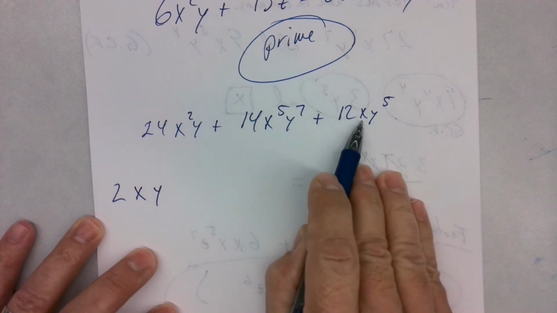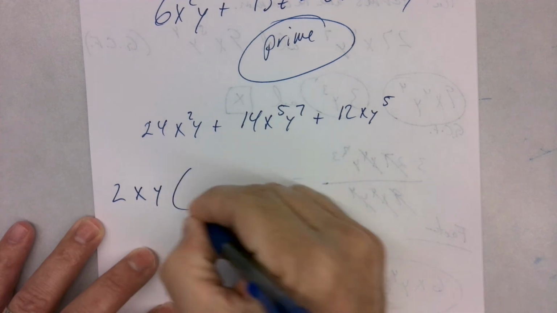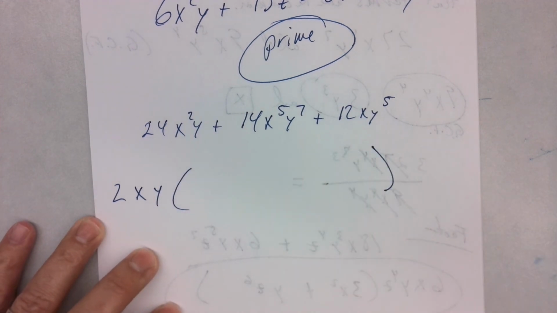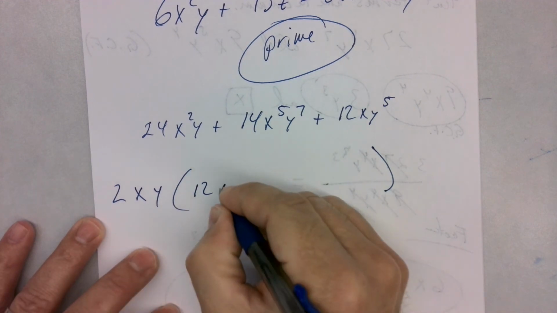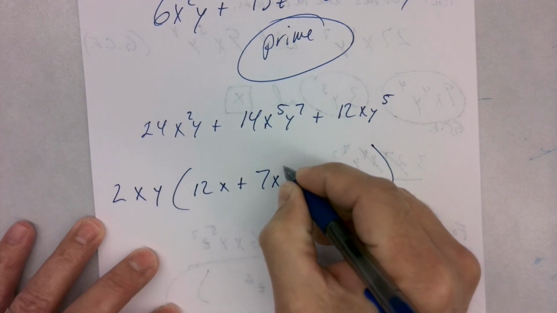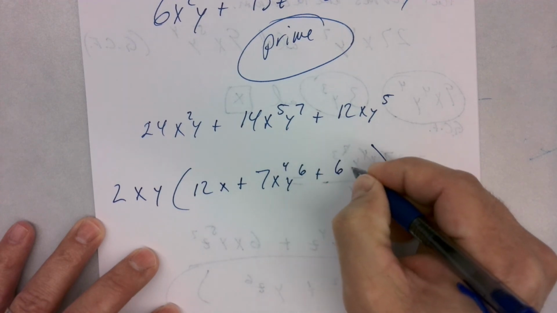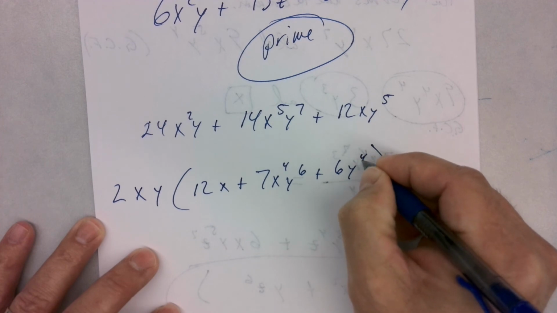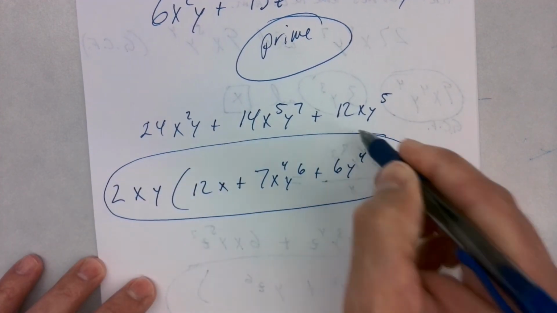Because this one doesn't have anything but a 1 on it, right? Now, what am I left with? 12x to the 4th y to the 6th, plus 7x to the 4th y squared, plus 6y to the 4th. Is that done? It's done.